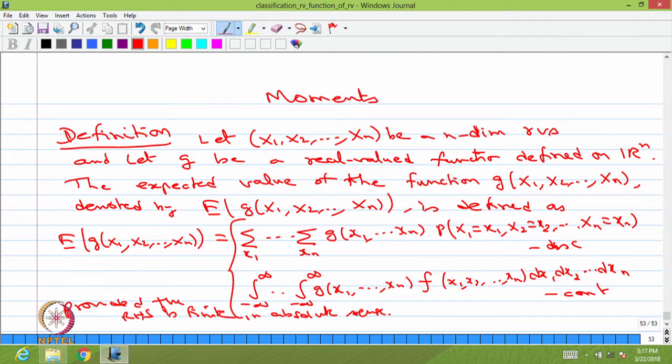The same proviso is extended to the n-dimensional random variable, and we are finding the expected value of the function of random variables, that is g. When we say g is a real valued function, we assume that this is a Borel measurable function. In that we are finding the expectation of g of X1, X2, Xn. Again, we are not finding the distribution of g of X1, X2, Xn. We are directly computing the expected value of the random variable g of X1, X2, Xn.